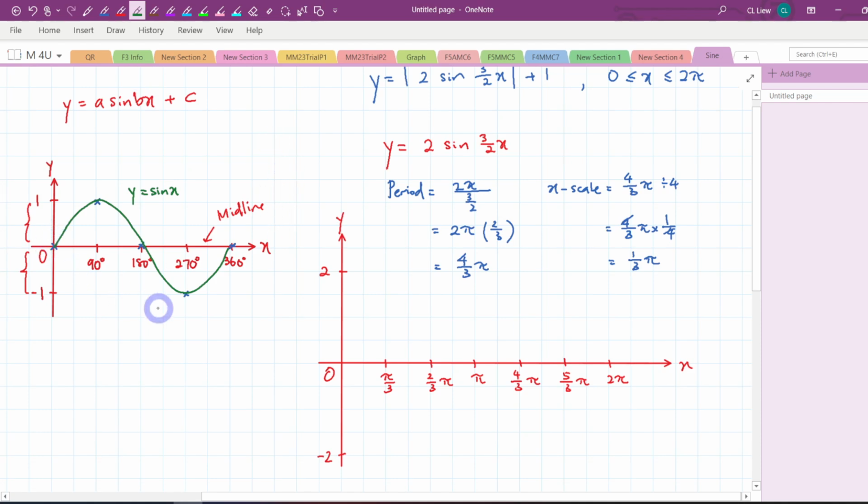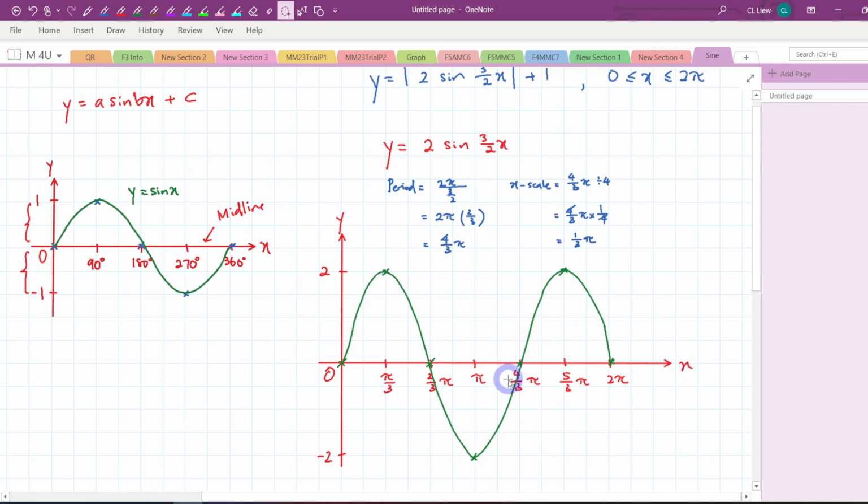So the first point is over here, and second point over here, and then go back to the midline, go down, go back to the midline, go up again, go back to the midline. Okay, so let me just connect all these points together. This graph is not really smooth, but it should look like this.